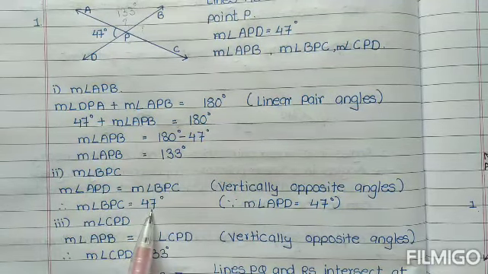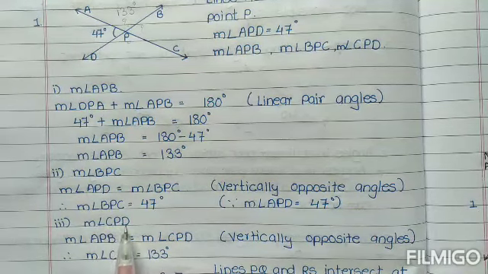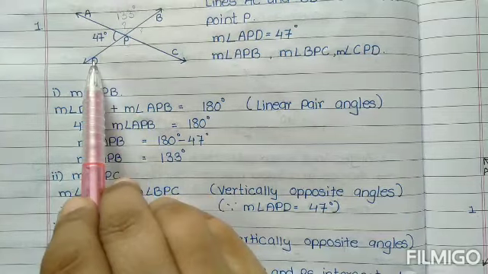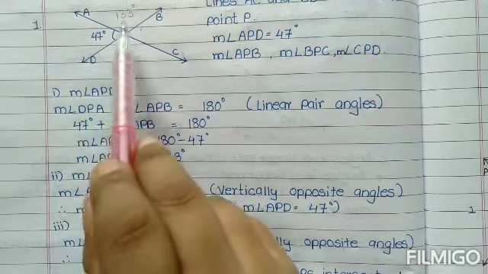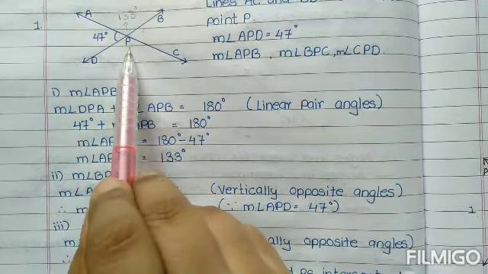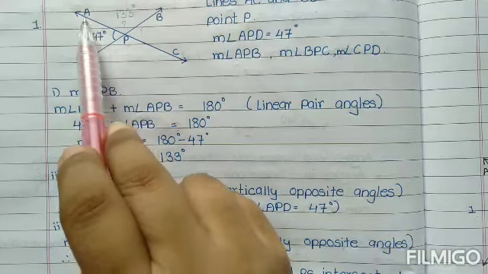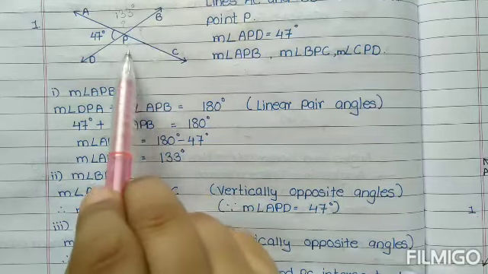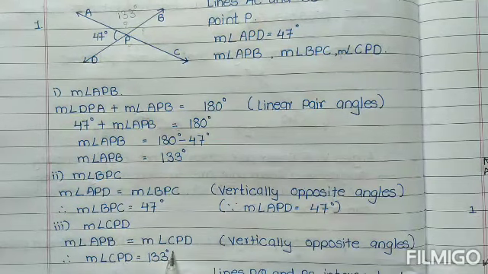So it is 47 degrees. Then the third one is CPD. Angle APB and angle CPD are vertically opposite angles. Vertically opposite angles measure the same. We have already calculated angle APB, which is 133. So it measures 133 degrees.